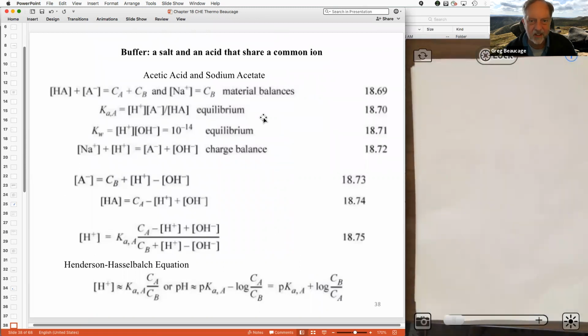Buffers is another thing. So basically, if you take your weak acid and then you throw in a salt, right, then that will balance out. As it tries to deprotonate, the salt will consume the protons, and that will keep the pH constant until you consume all the salt. So you can take some acid and then put in a salt and make a buffer from that.